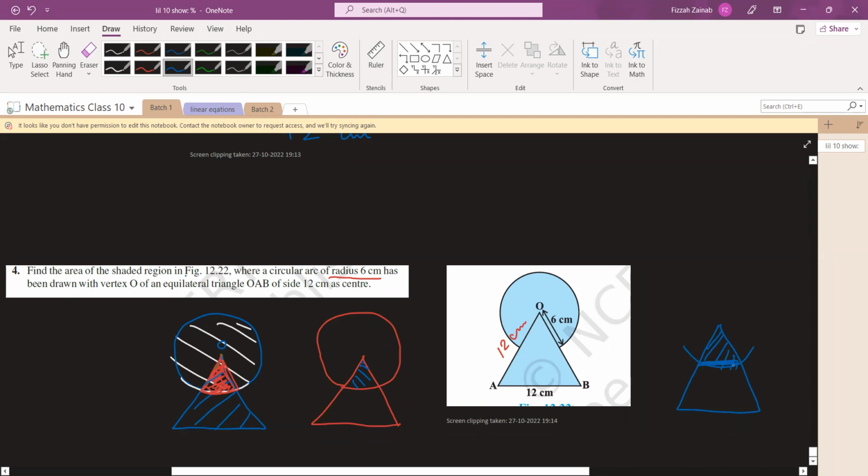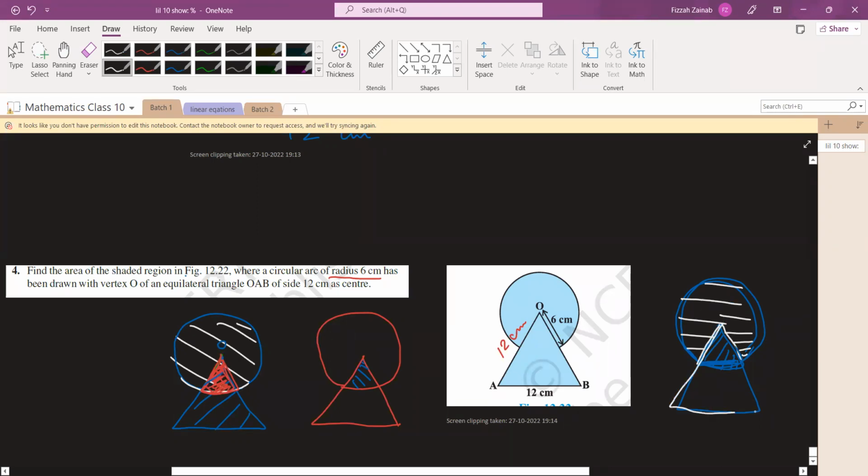So after finding this circle, now try to understand. I'm finding the area of the circle, right? And I'm subtracting this sector, right? So only this white area I'm getting. Is that clear? Yes. Okay. Now what about this part? So this part will be included in the triangle.